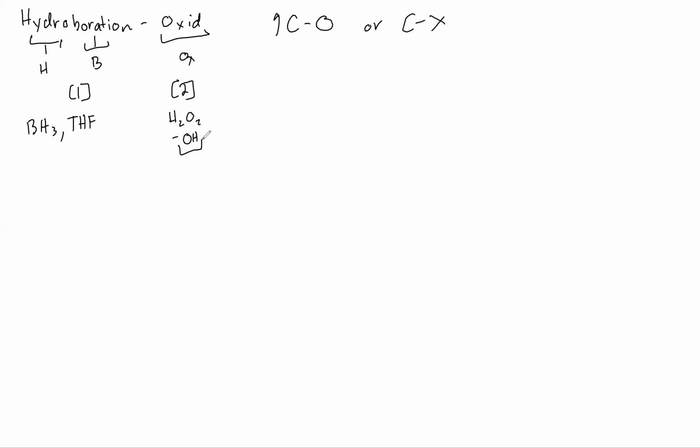Just to be completely candid, generally for the mechanism of hydroboration oxidation, you really only have to worry about this first step here, because this first step determines everything else. So this first step occurs, and we end up adding BH2 to the less substituted carbon and hydrogen to the more substituted carbon.